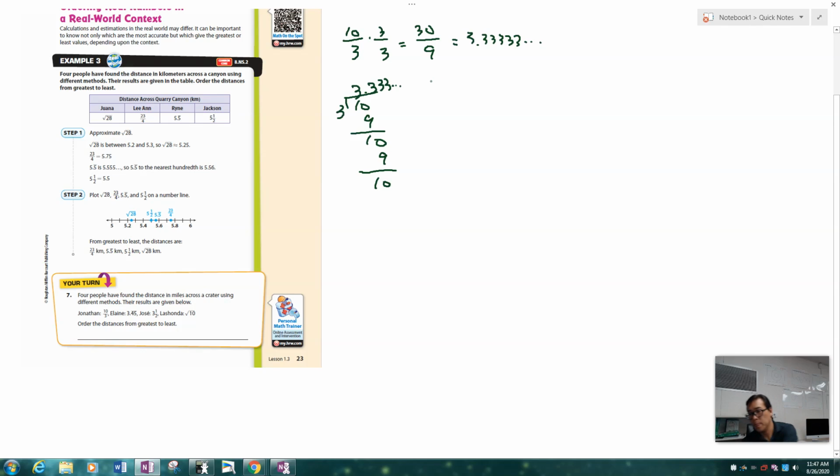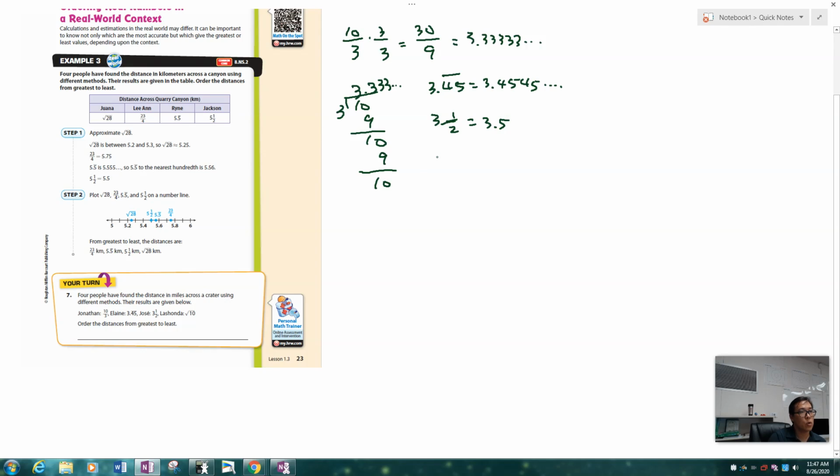All right, moving on to the second one. 3.45 repeating means 3.4545 going forever. The next one is 3 and 1 half, which means 3.5.